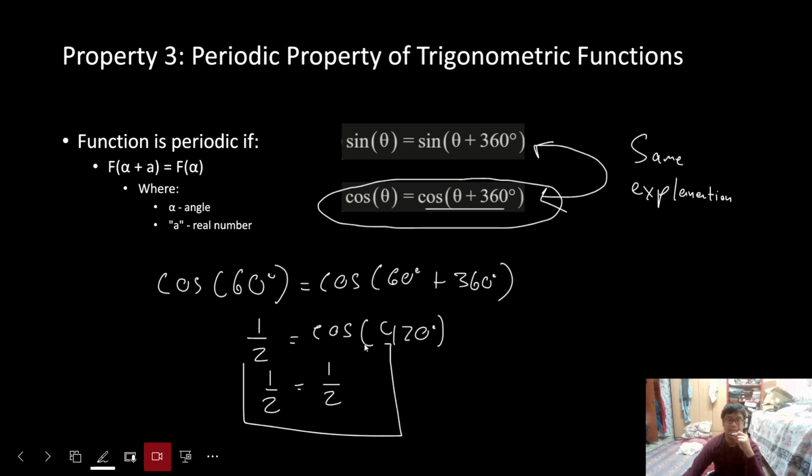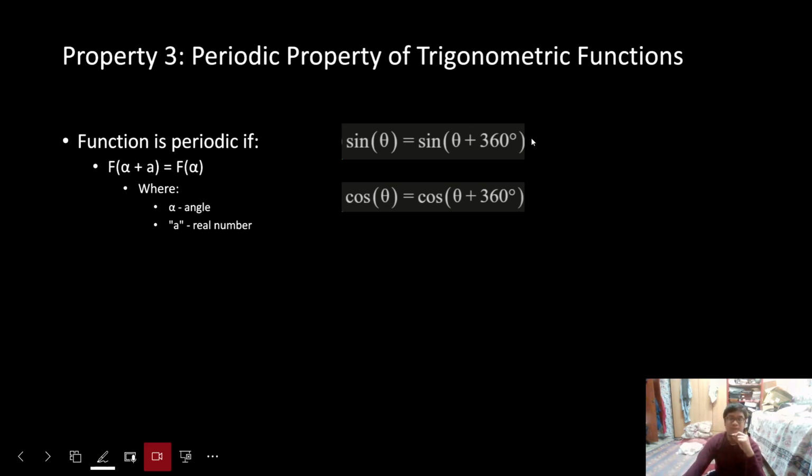Okay? And the rest is history, because the way I explain why sine theta is equal to sine of theta plus 360 degrees is the same as the way I'll explain why cosine theta is equal to cosine of theta plus 360 degrees. So as you can see, we have these two periodic properties of trigonometric functions.